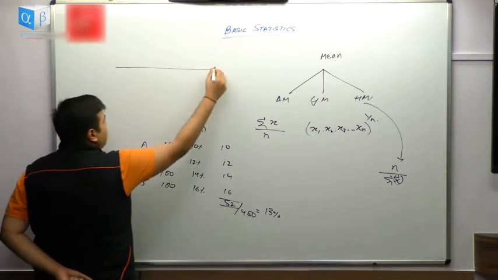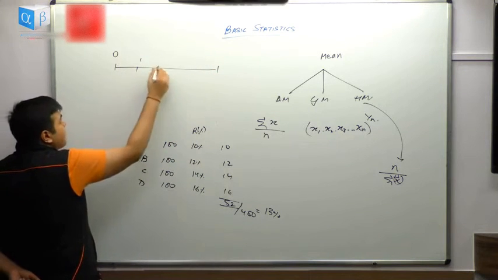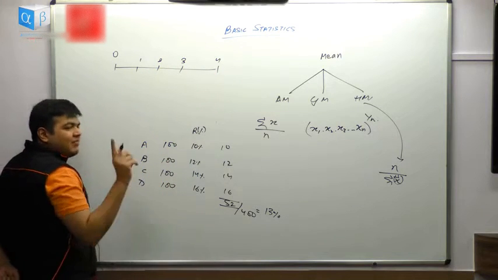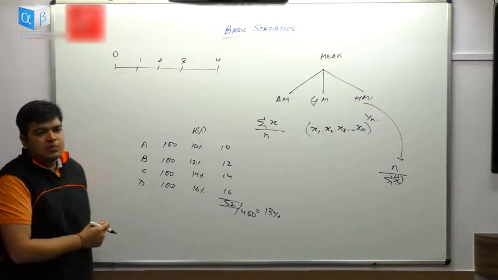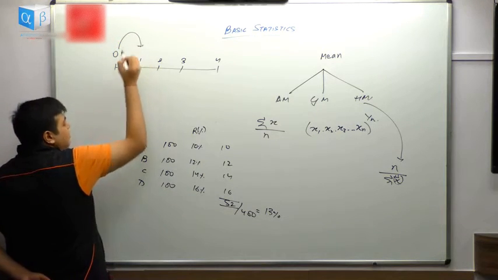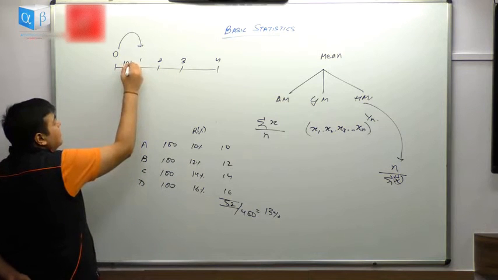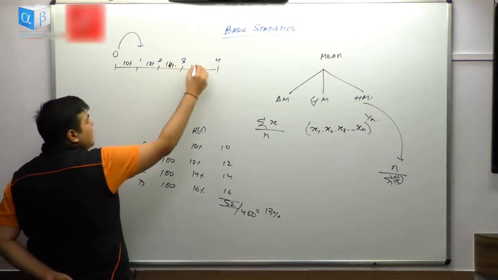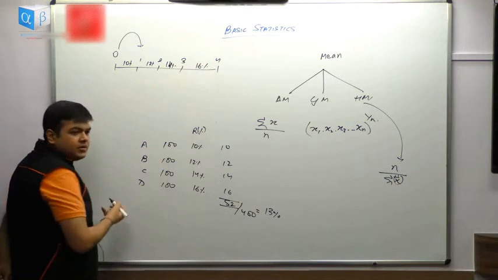Now say for example, I invested in one stock. That one stock generated a return of 10% in the first year, 12% in the second year, 14% in the third year and 16% in the fourth year.